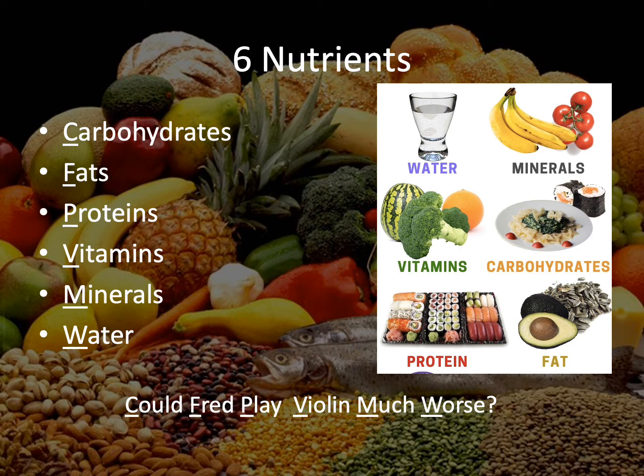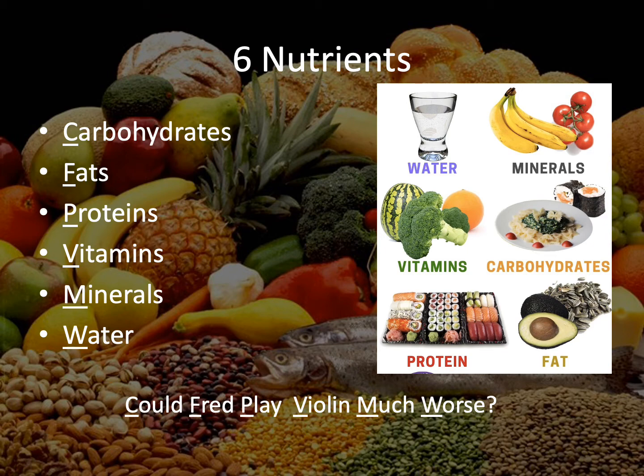To make sure that we can remember all 6 nutrients, we can use a mnemonic device. A mnemonic device is when you use a sentence to help remember important steps or lists. You might remember the phrase from math class, "Please excuse my dear Aunt Sally," that helped you remember the order of operations. To help you remember the 6 nutrients, our mnemonic device is, "Could Fred play violin much worse?"